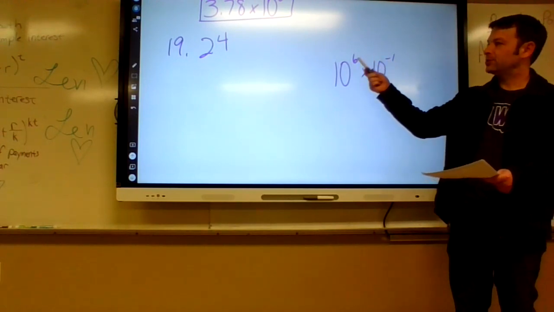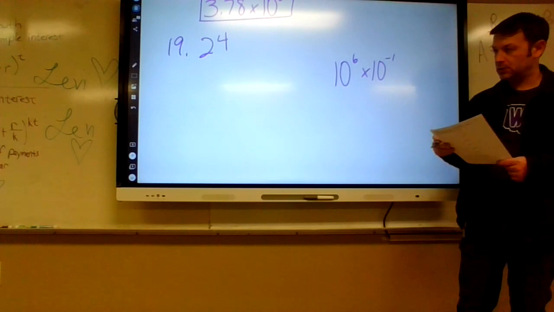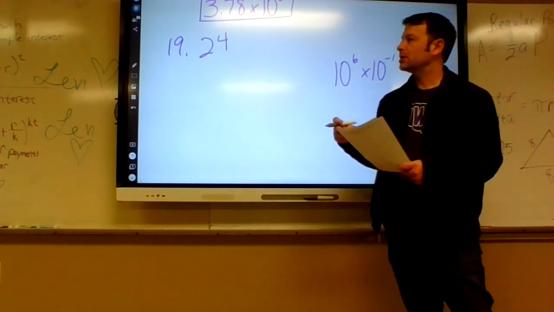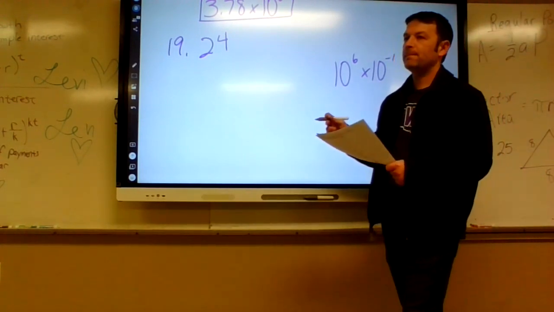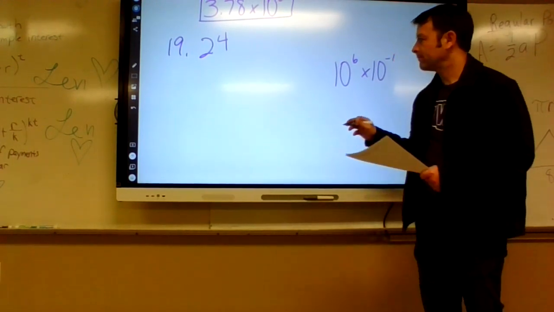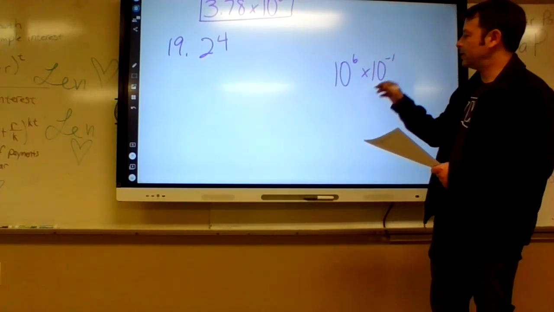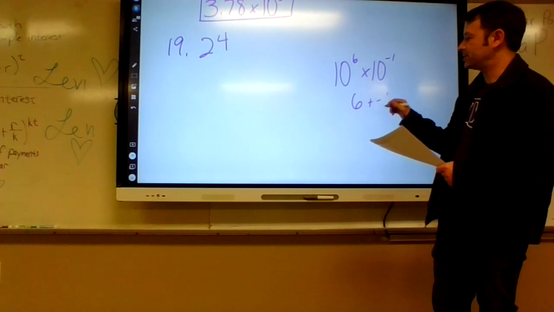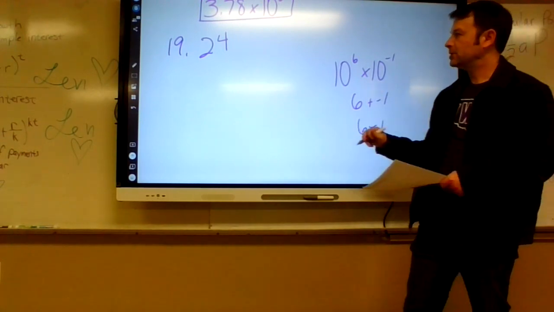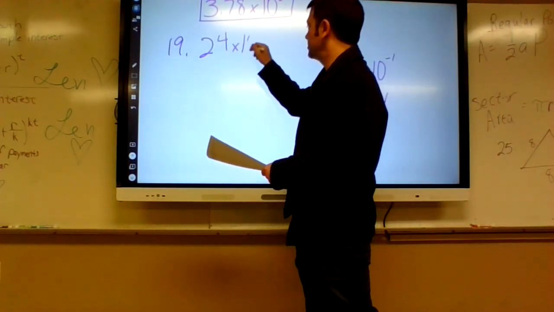Add. So what's 6 plus negative 1? 5. If you're adding negative 1, you're basically just subtracting 1. So it's times 10 to the 5th.